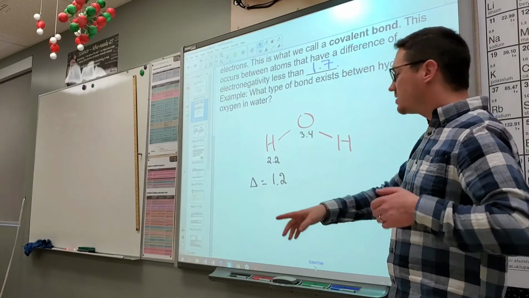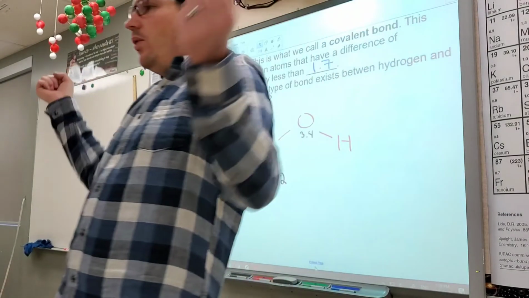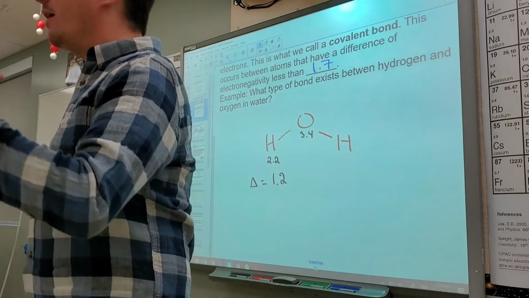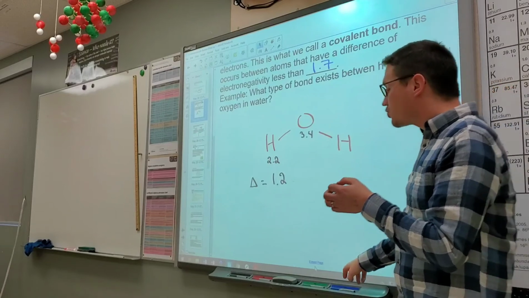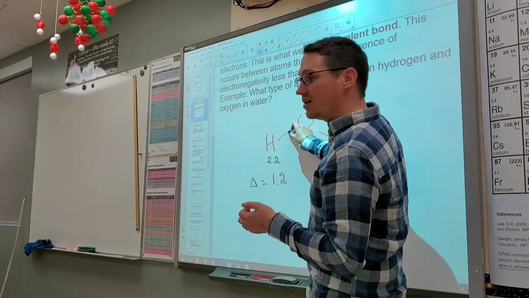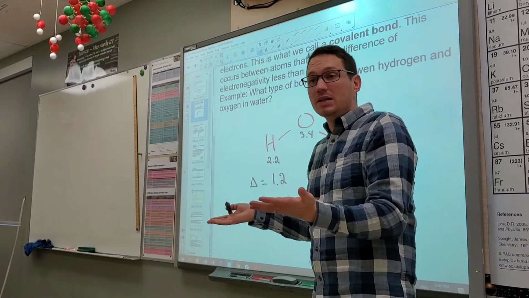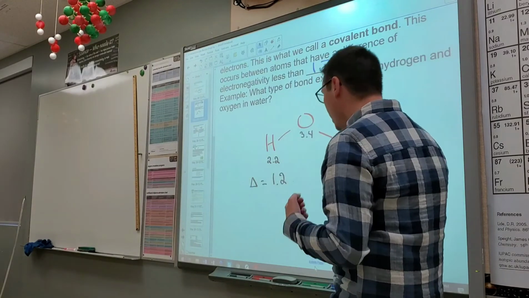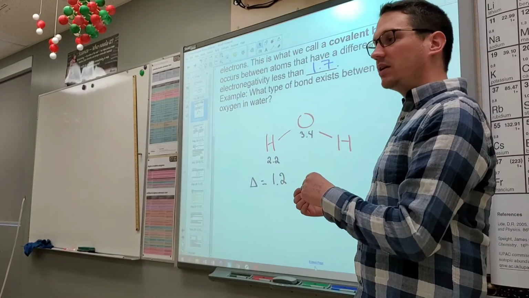So what that means is that these two electrons are holding these two nuclei together. There's a force holding these two nuclei together. There's an attraction between this positive charge and that negative charge, and this positive charge and that negative charge, right? That's what a bond is: electrons gluing these nuclei together. So there's a force inside of this molecule.